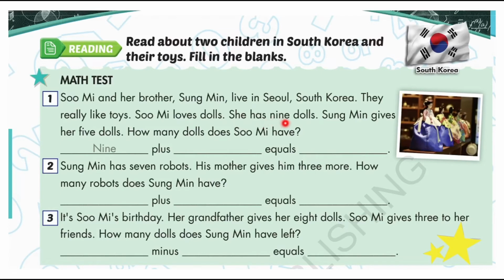She has 9 dolls. Sungmin gives her 5 dolls. How many dolls does Sumi have? She has 9 dolls at first, and her brother gave her 5 dolls. So 9 plus 5 equals, do you know the answer?